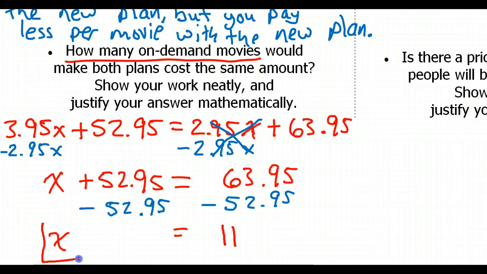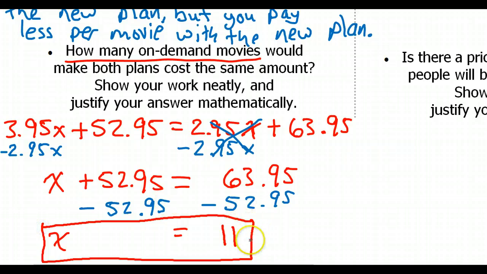Okay, so yeah, I've got x equals 11, but please do not forget what this means. Don't just put x equals 11 and move on to the next problem. You have to say what this means. This means 11 movies. Okay, so let's write that in the statement.